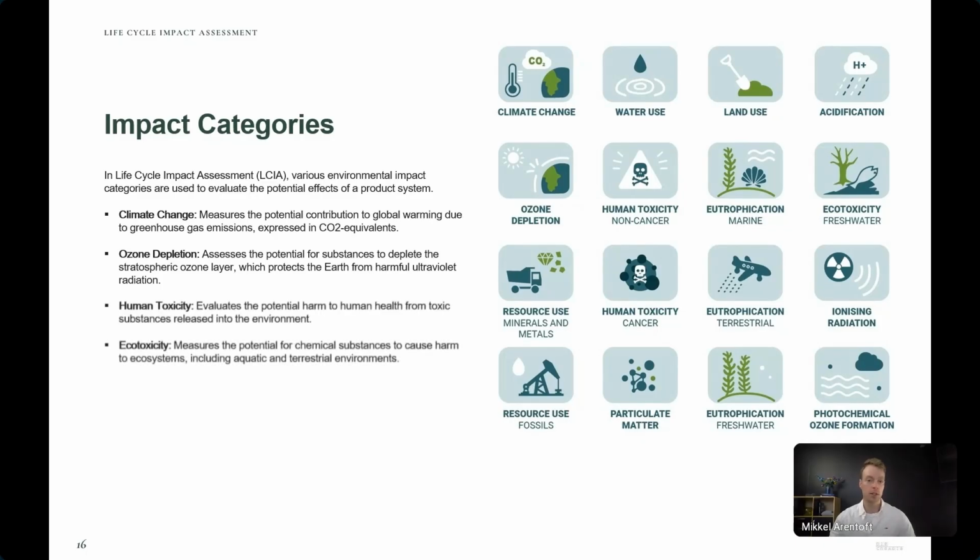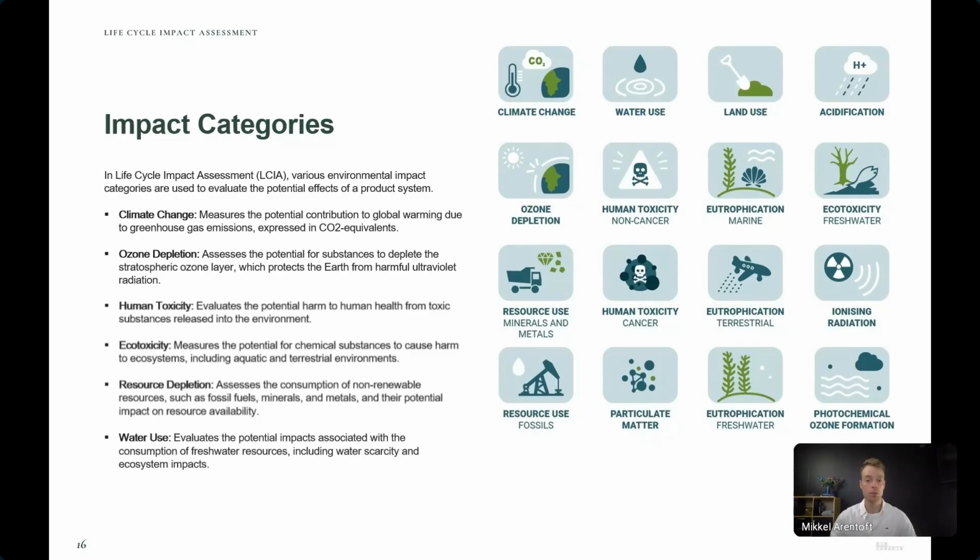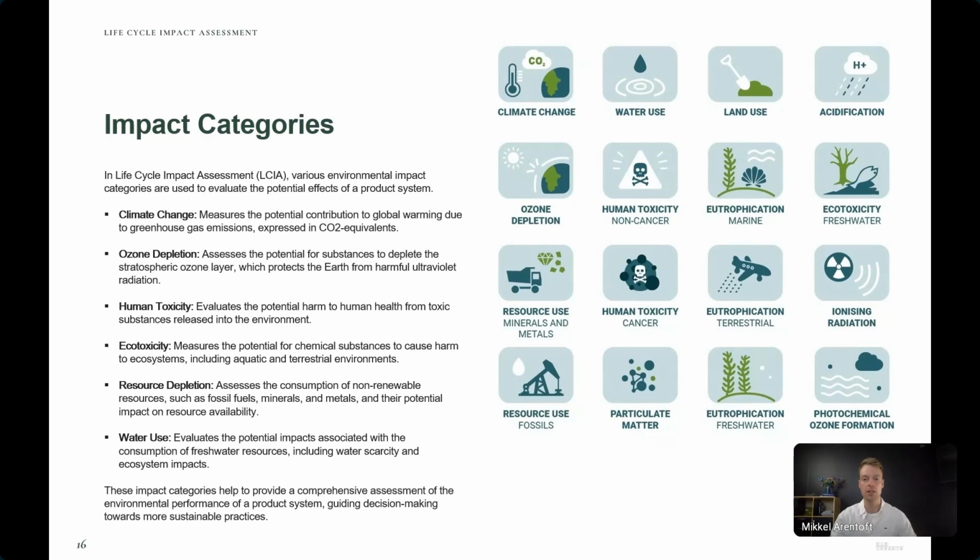It includes toxicity, which evaluates the potential harm to human health from toxic substances. Includes resource depletion, which assesses the consumption of non-renewable resources. It also includes water use, which evaluates the potential impacts associated with the consumption of freshwater resources. These are just a few examples on how environmental impacts are measured inside a lifecycle assessment.